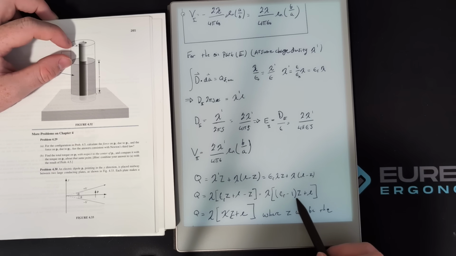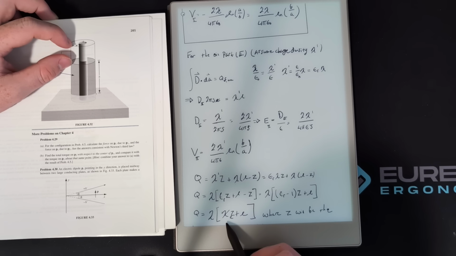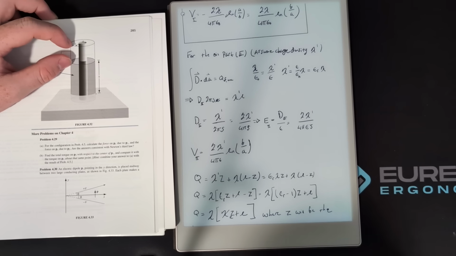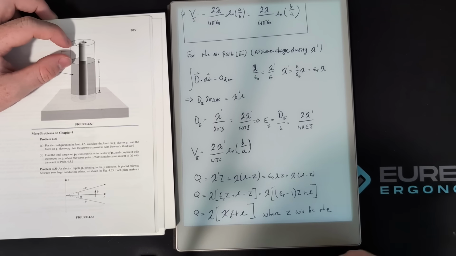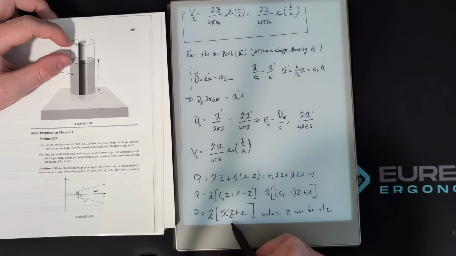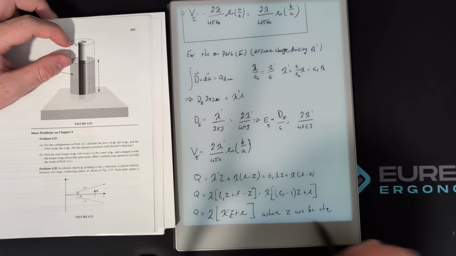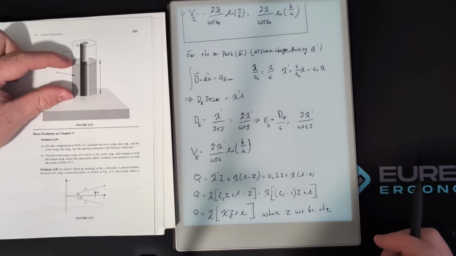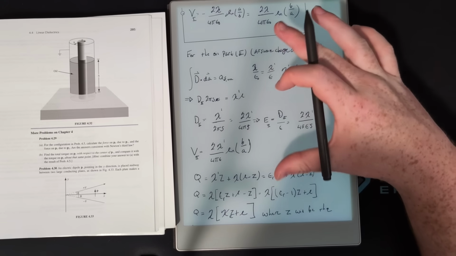So we get epsilon r minus 1 times Z plus L. And then epsilon r minus 1 is the same as the susceptibility. I have the hardest time saying that word. So we replace epsilon r minus 1 with the susceptibility chi sub e. So we get lambda times chi sub e Z plus L. And of course, Z is going to be this height that the oil ends up settling at, essentially.